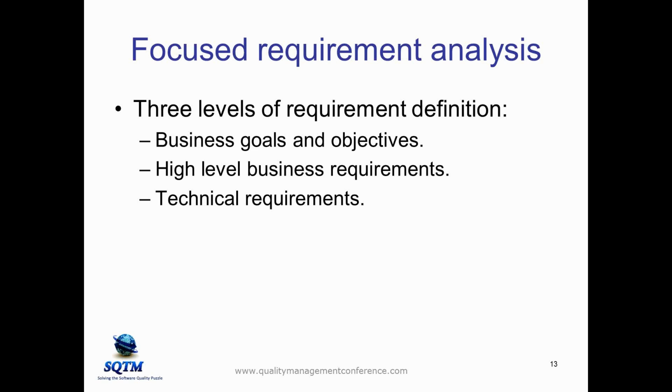High-level business requirements might say we need between 10 and 15 new screens. So we don't know what's on the screens yet. We don't know what the fields are. We don't know what the screen flows are. We don't really even know if it's 10 or 12 or 13 or 15 screens, but we know that we're going to need between 10 and 15 screens of some kind. So that would be an example of a high-level business requirement.